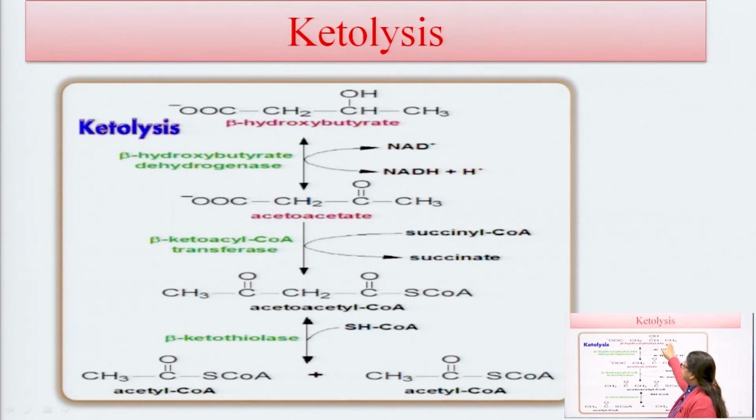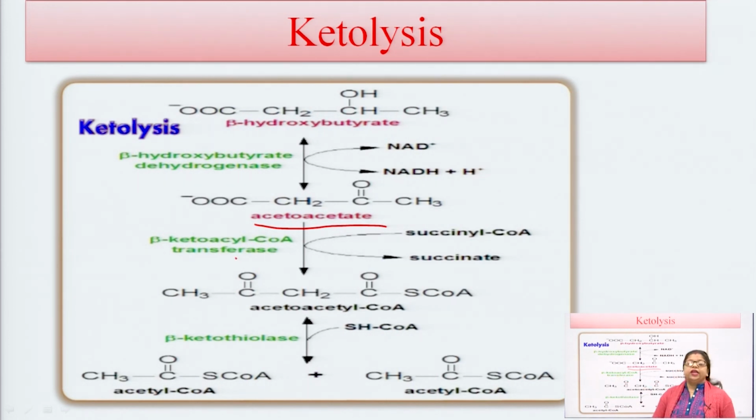Here beta hydroxybutyrate, a ketone body, reacts with the beta hydroxybutyrate dehydrogenase enzyme to form acetoacetate, with one NAD forming one NADH. This acetoacetate then reacts with beta ketoacyl coenzyme A transferase.